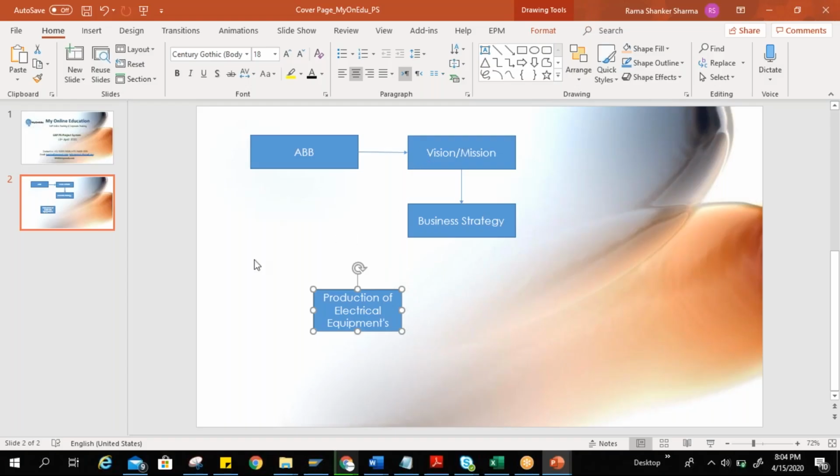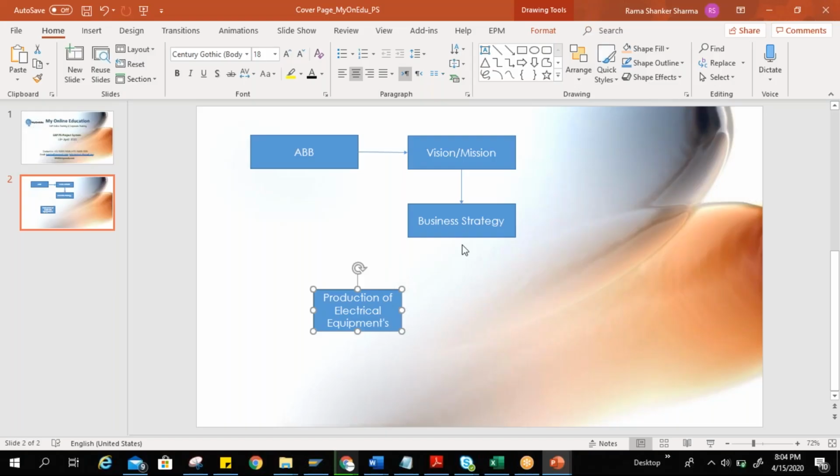So it means they are doing the project to achieve the vision and mission of the organization based on the business strategy, right? Whatever investment they make has to be done based on the business strategy. For example, they want to produce transformers, switches and gears, and other electrical equipment.